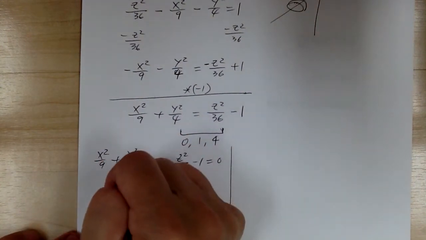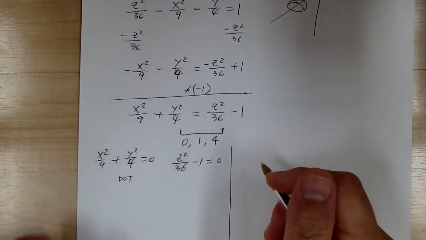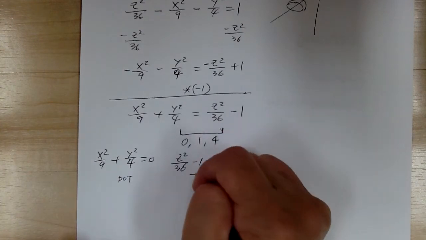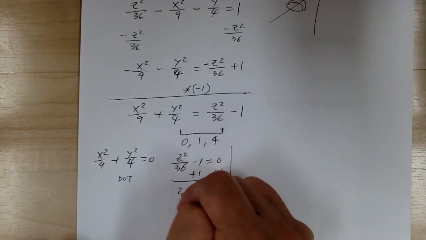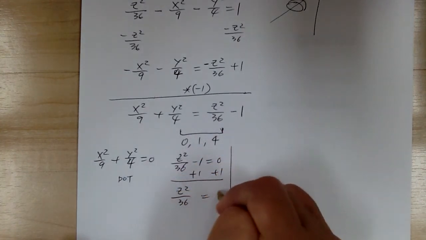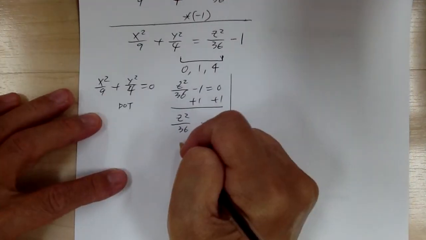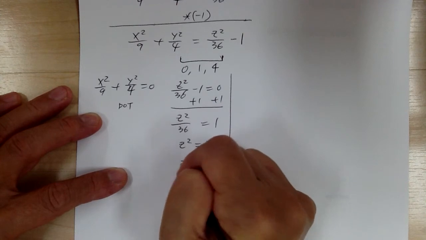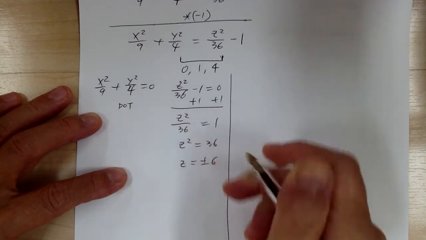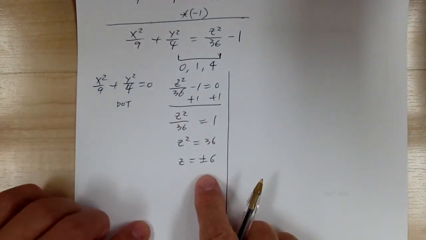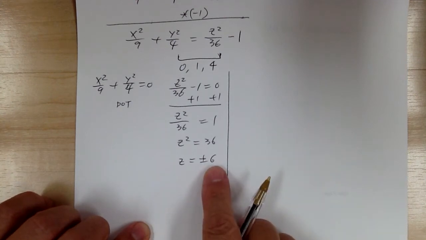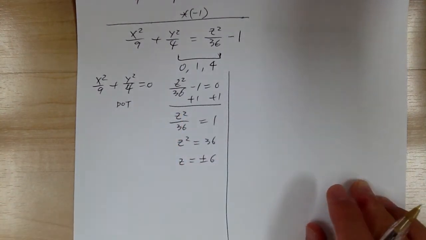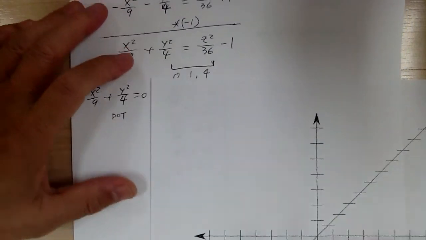We want to know when this will take place. So plus 1 on each side, cross multiply, and then take the square root. So when z equals plus or minus 6, you're going to get a dot.